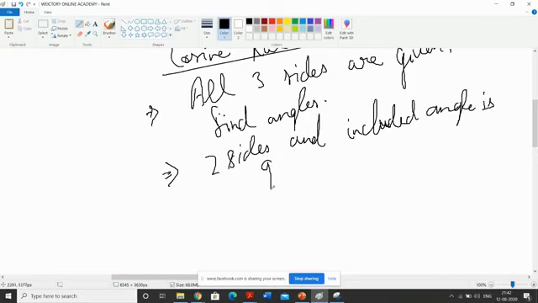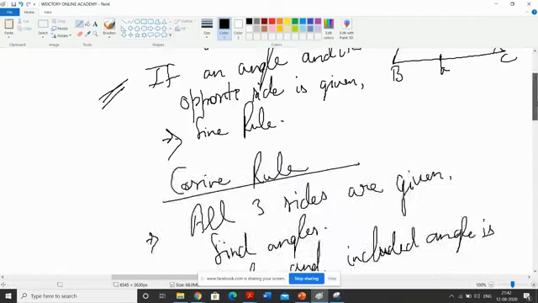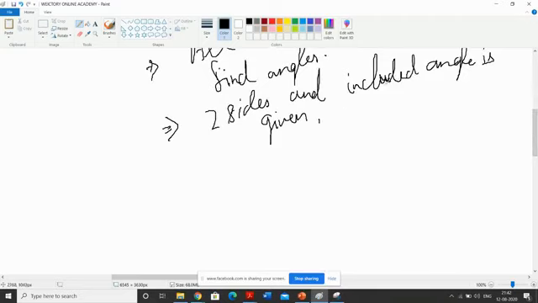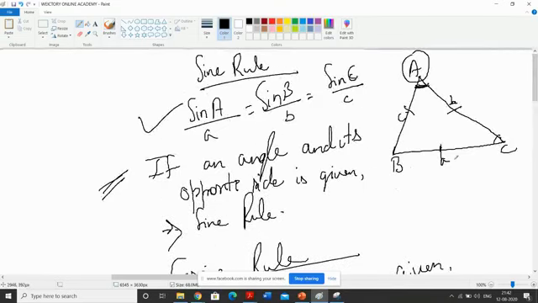We can find the opposite side of the angle. So if you want to find the opposite side of the angle, you can find it using the cosine rule.